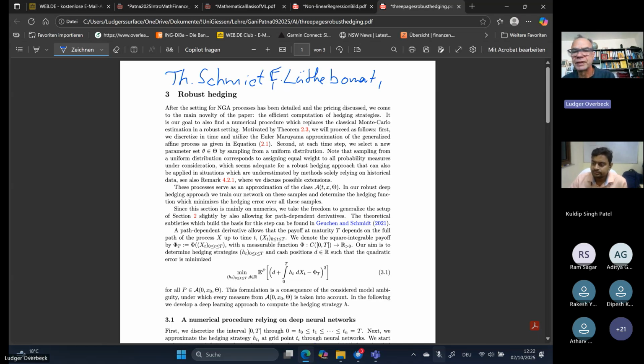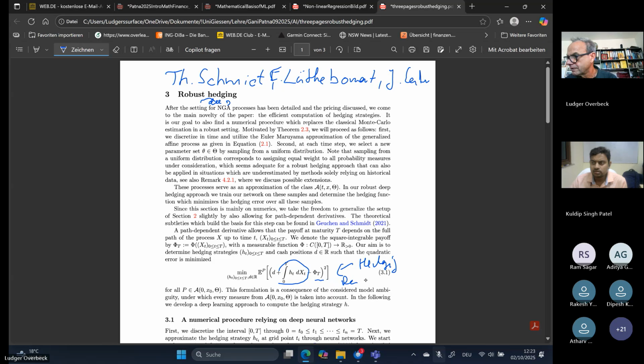It's called Robust Deep Hedging. That's the title. And I just give you here one page of this where you can see how this works. You have this hedging problem, that's your derivative.